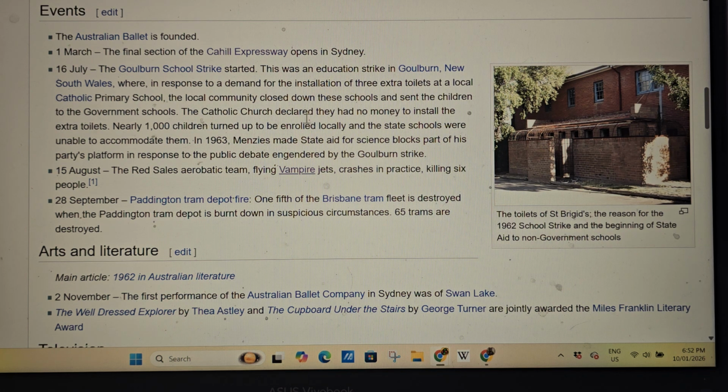The Catholic Church declared they had no money to install extra toilets. Nearly 1,000 children turned up to be enrolled locally, and the state schools were unable to accommodate them. Yeah, and then they gave more funding to state schools.